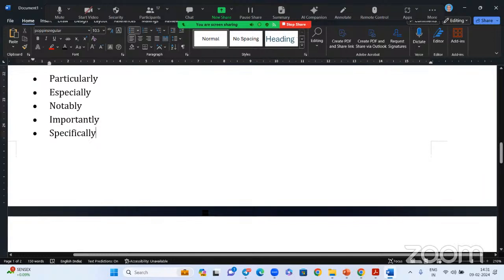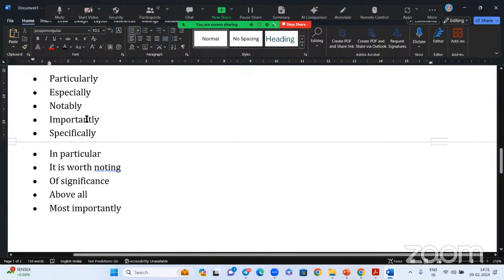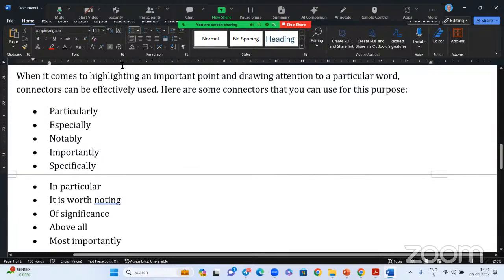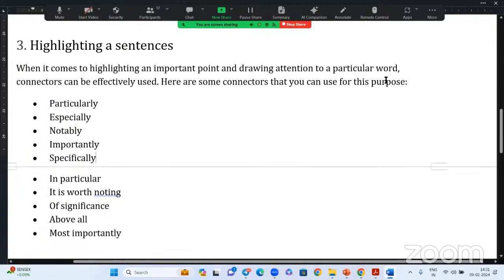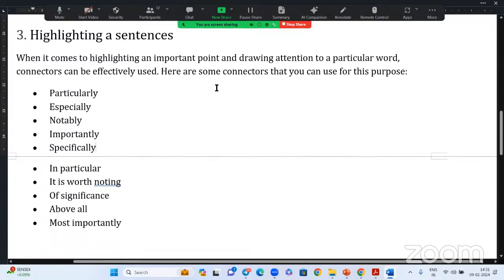So we'll take this word. Which word will we take? Specifically or particularly? Any one word you take from this group: particularly, especially, noticeably, notably, importantly, specifically, is worthy of significance, or most.